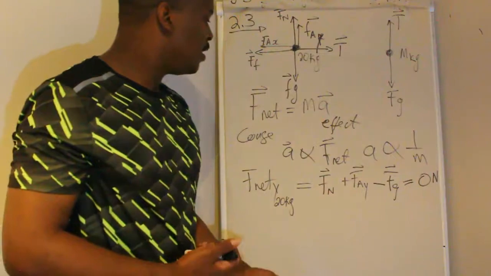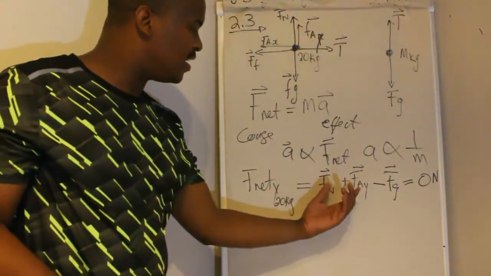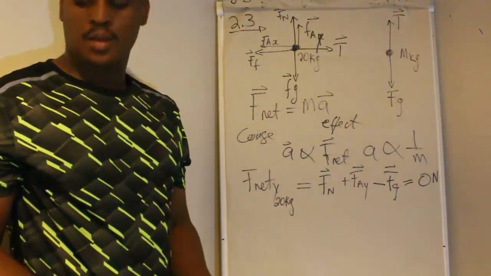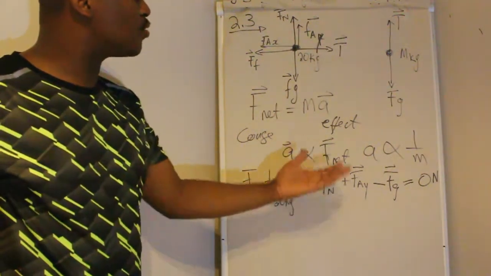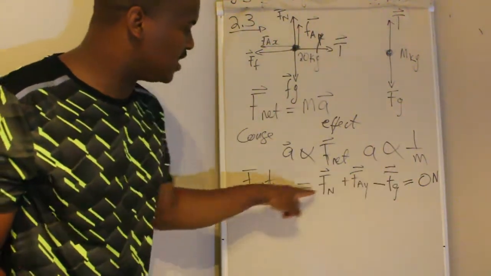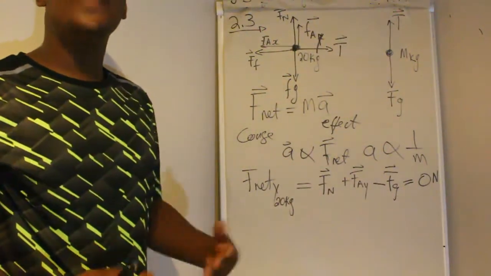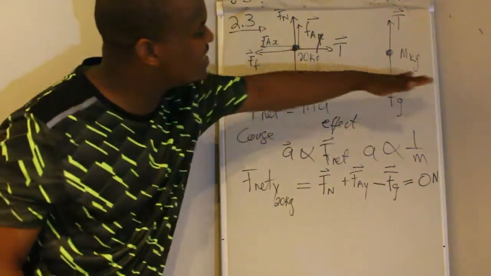So there's no point in using the vertical forces for finding your net force, because if you use them, these vertical forces will cancel out. To make things less complex, only use the forces that are in the direction of movement.